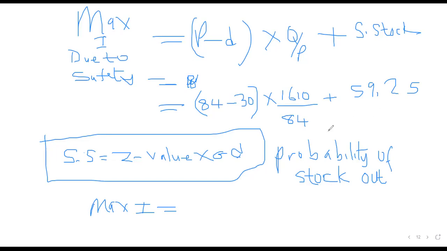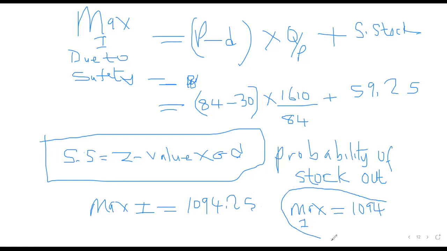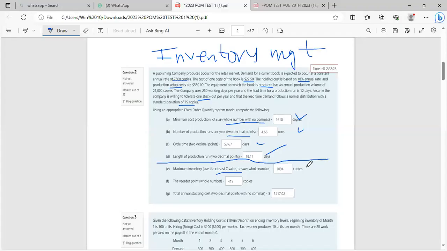The answer gives me 1094.25. But if you round off to the whole number, the maximum inventory will be 1094. This is the answer that we are supposed to get. So this is how the 1094 came in.